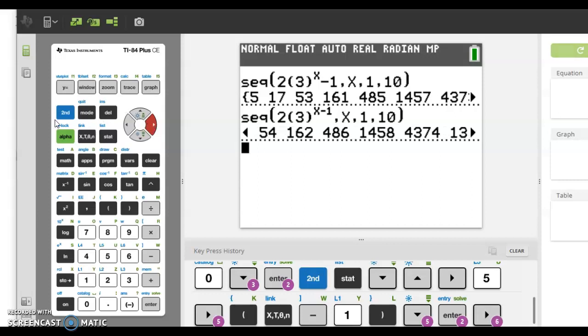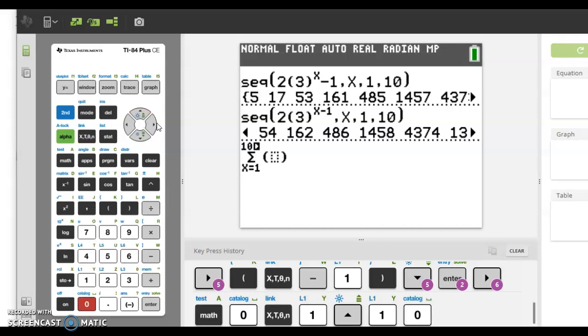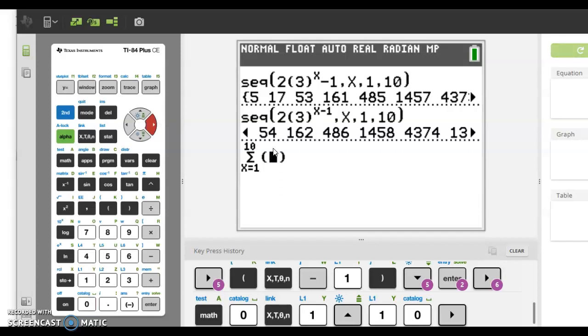For summation, you can press math and then 0. And you have to use x, no matter what variable they use. Let's just make some stuff up. Let's say we go from 1 to 10, and then you have to put the entire expression here, even the exponent.